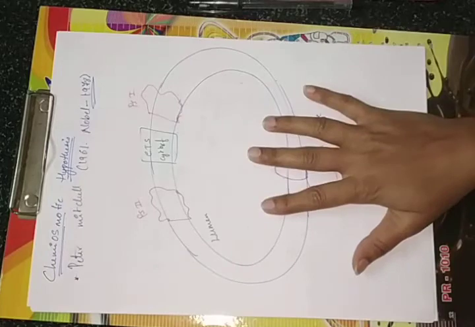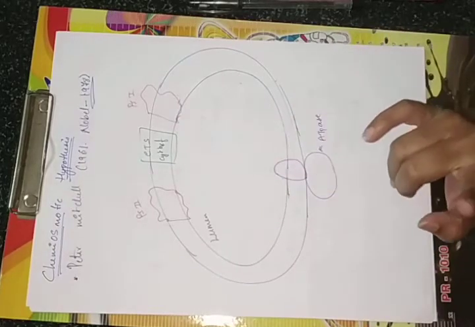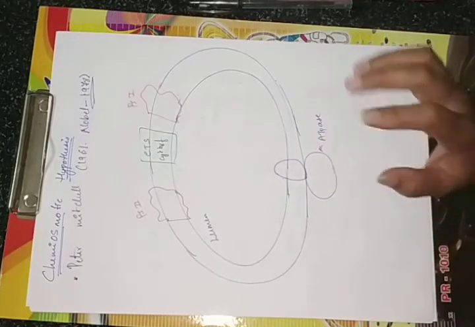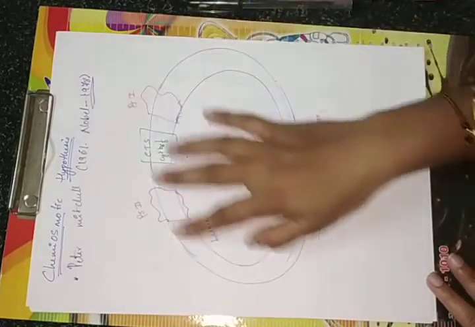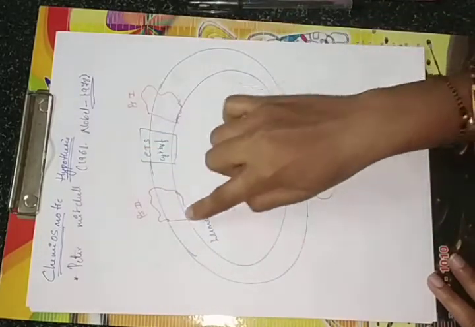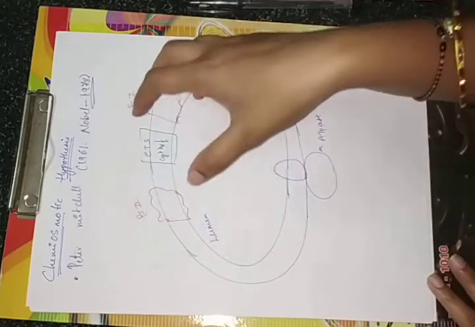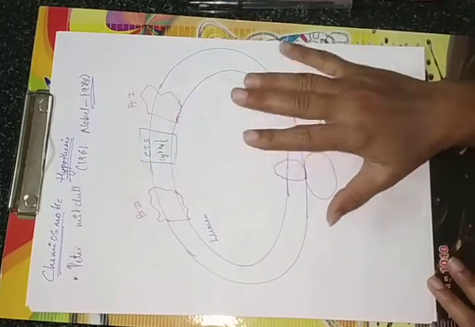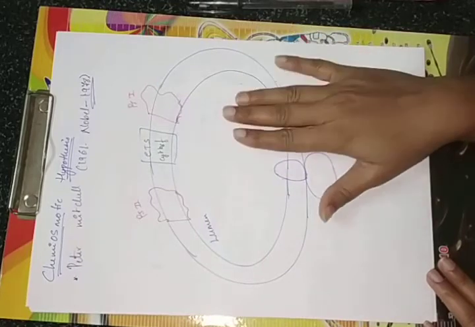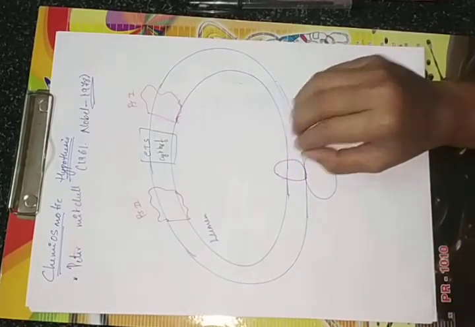What did I say when I was explaining the light reaction? The thylakoid membrane will be having 4 members, 1, 2, 3 and then 4. There will be more overall, but for your convenience I have drawn it like this, and in your NCERT also it is the same.